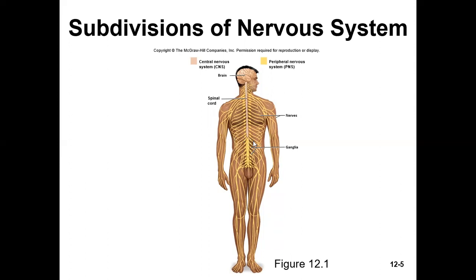Not really, it's a little bit lower than that. But you can tell in this picture that it doesn't go the whole way down like to the end of the buttocks, technically. Now, when we're looking at the peripheral nervous system, that's the nerves in yellow, and we can see the little bulb structures along the spine and below it, along the nerves that continue on below it, that are called the ganglia.